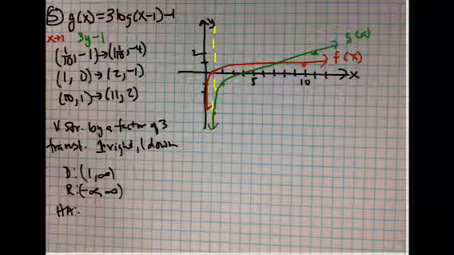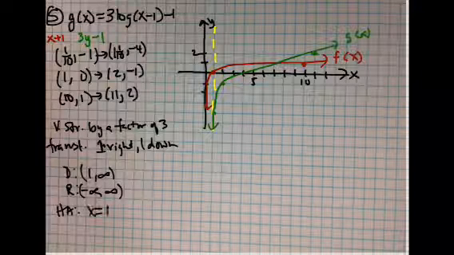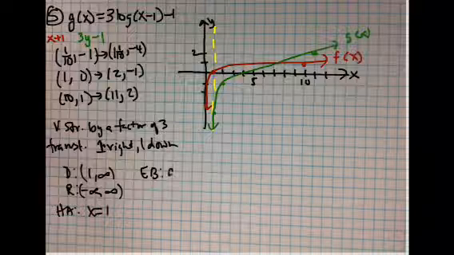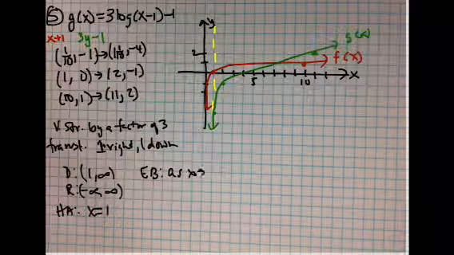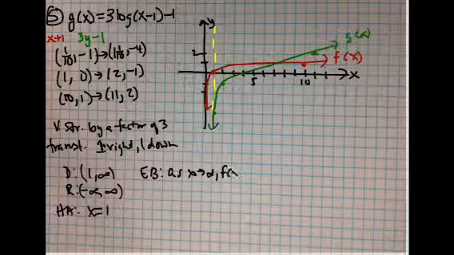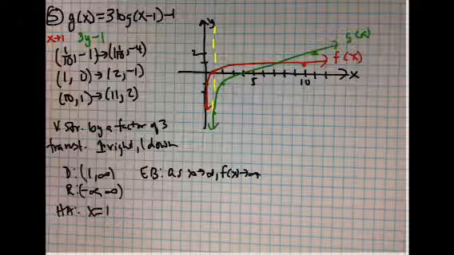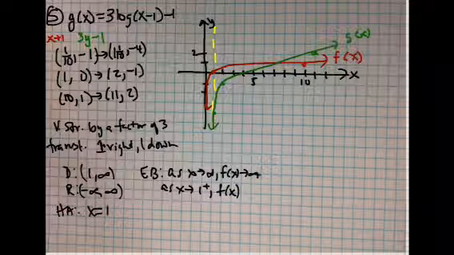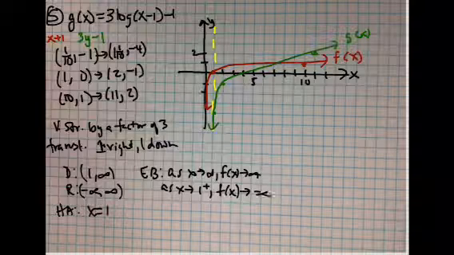Vertical asymptote is x equals 1. And end behavior is as x approaches infinity, f of x goes to infinity, and as x approaches 1 from the right, f of x goes to negative infinity.